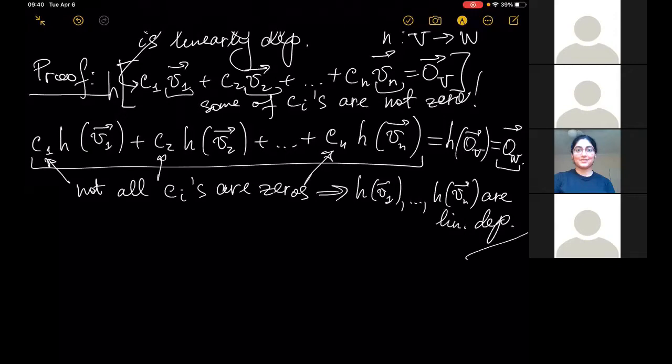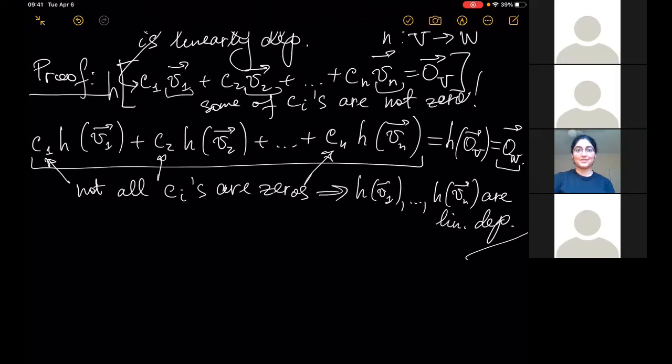End of the proof, right? So if we start from a linearly dependent set of vectors, we will always end up after a homomorphism with a linearly dependent set of vectors. So linear dependence is conserved under homomorphism.